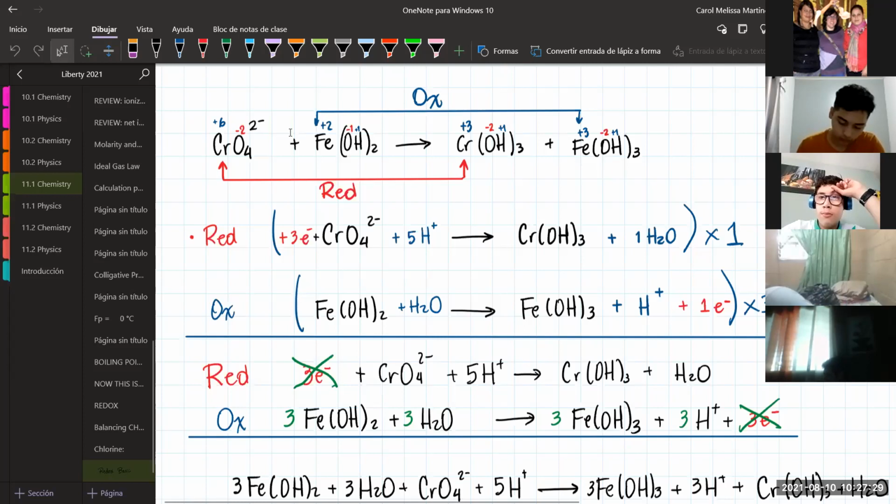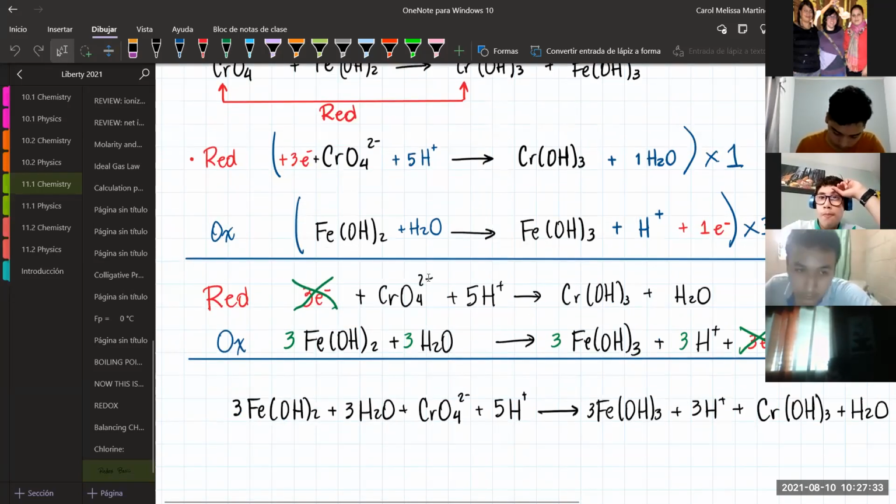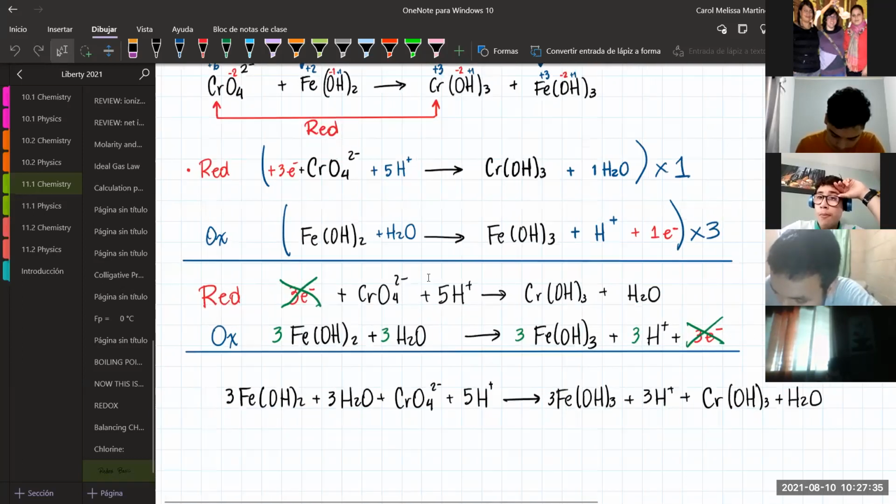Okay, so in this point, we need to do a few things in this point, okay? Take a look. You will notice that water is repeated in the reactants and also in the products.